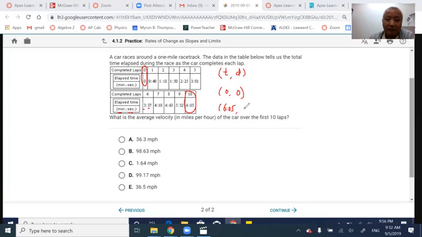And then the car finished how many miles? 10 miles, because each lap is 1 mile. This is a 1 mile racetrack. So each mile is 1 lap. So when you finish 10 laps, the distance will be 10 miles.